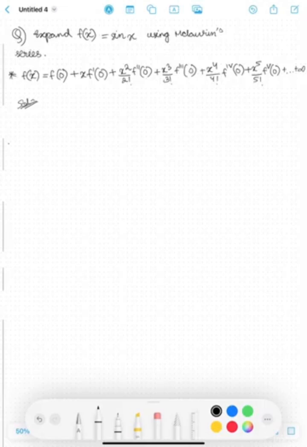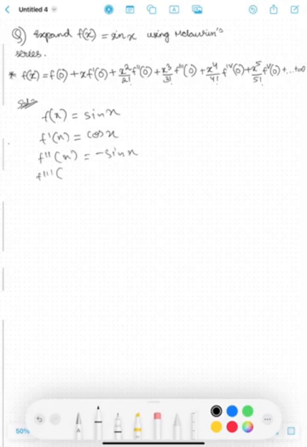First of all, we will get f(x) equal to sin x, f'(x) which is equal to cos x, f''(x) which will be equal to minus sin x, f'''(x) which will be equal to minus cos x, the fourth derivative, let's find it out, it should be equal to sin x again, and the fifth derivative of f(x) should be equal to cos x again.